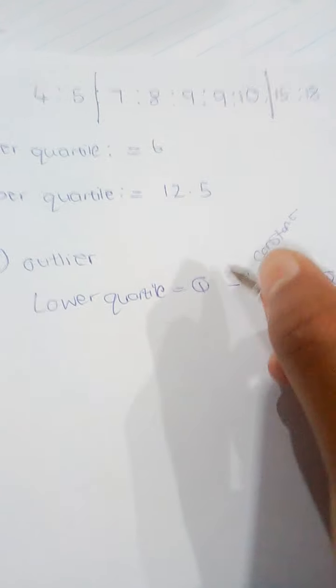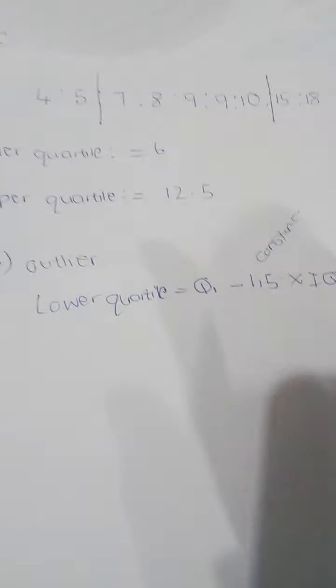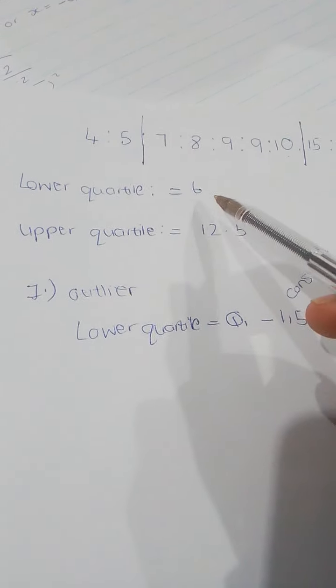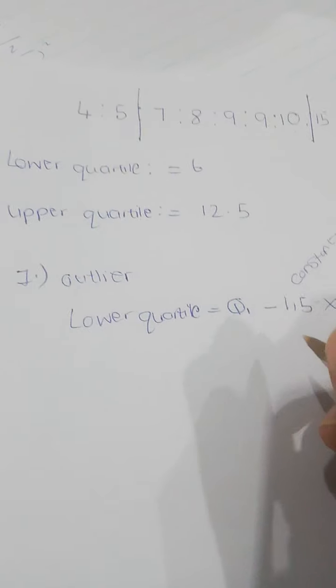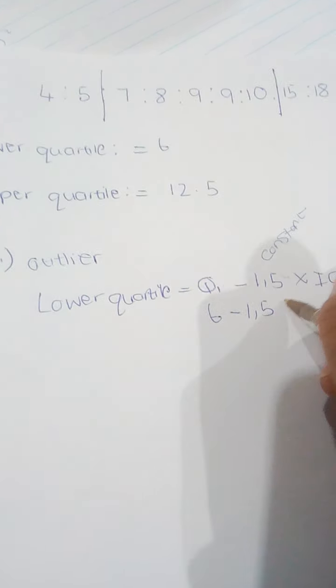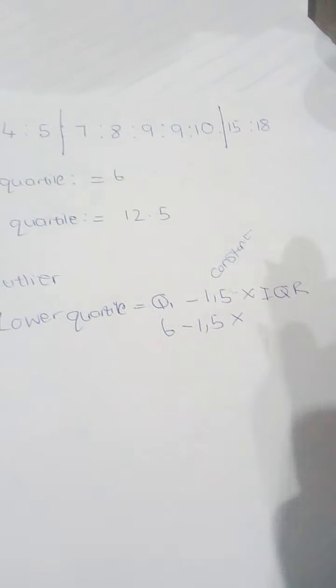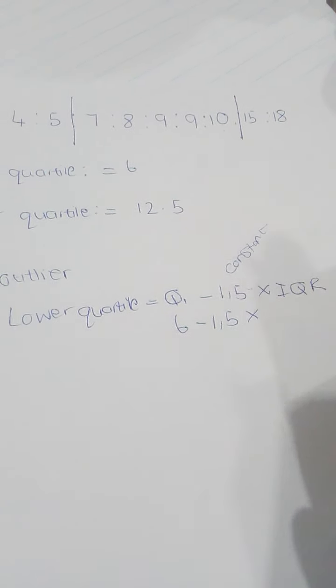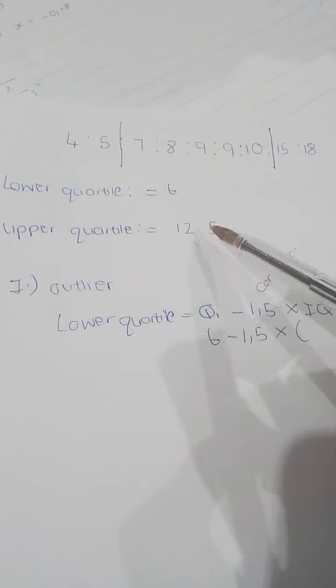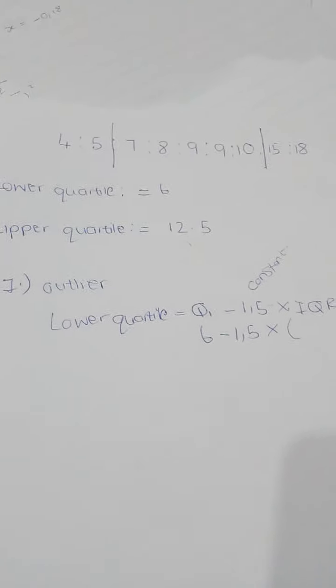Q1 is your quartile 1, which is 6, right? So you're just going to substitute your 6 minus the constant 1,5 times the interquartile range. We know the interquartile range is quartile 3 minus quartile 1 basically.